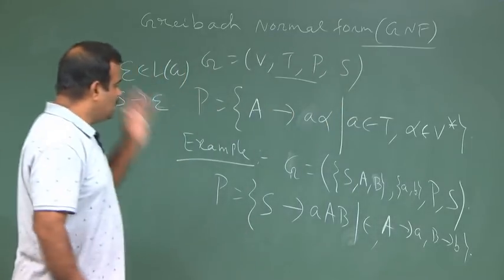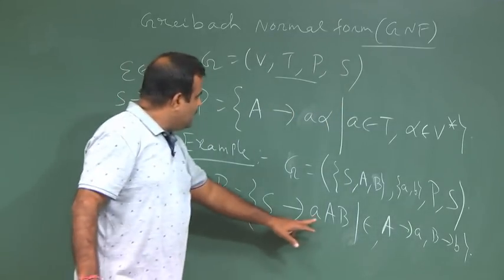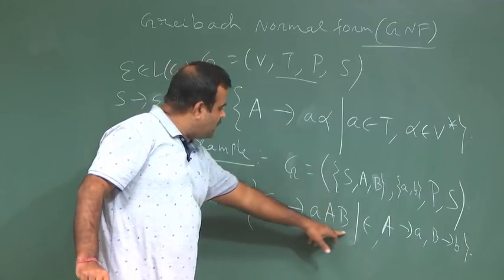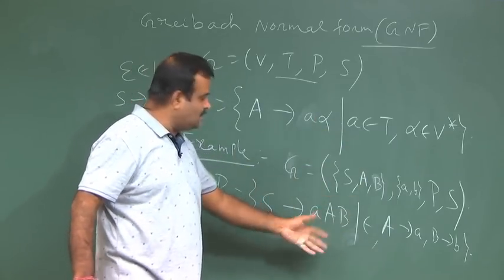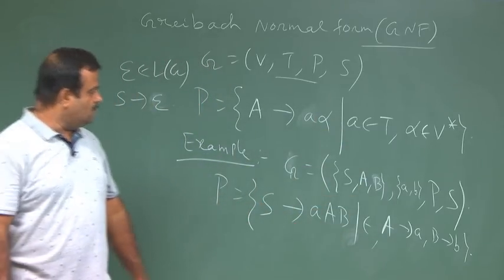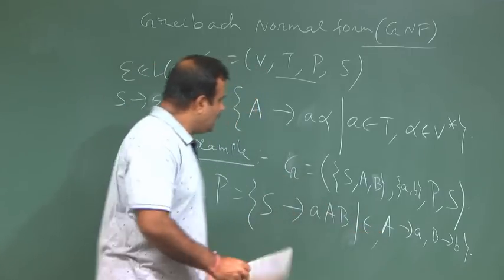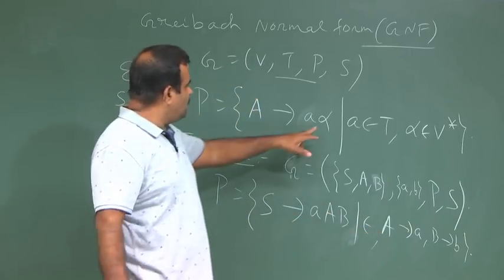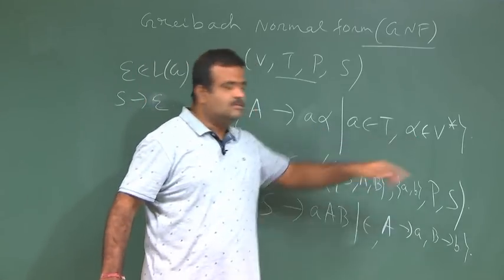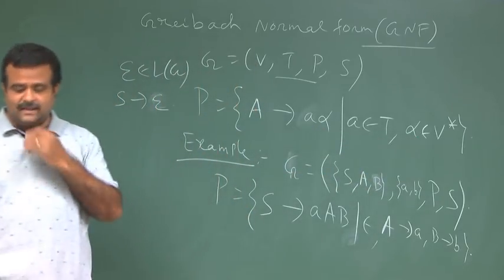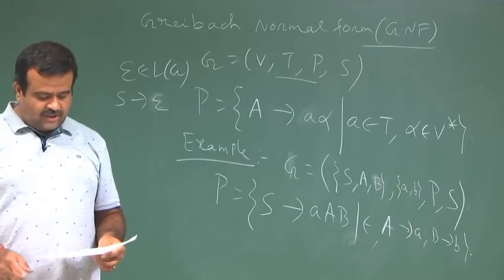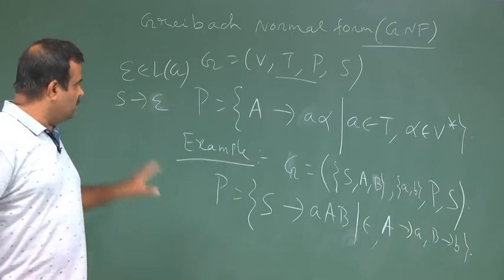This is in the GNF form, because this is S going to a alpha, where alpha is just a string of variables. Alpha could be epsilon also, because in this case A going to a means alpha is epsilon, but epsilon is allowed. So, that is a valid form. This is one example of GNF.